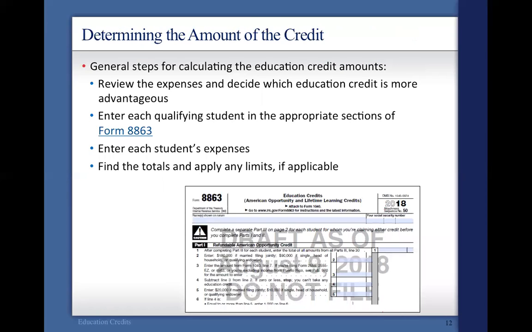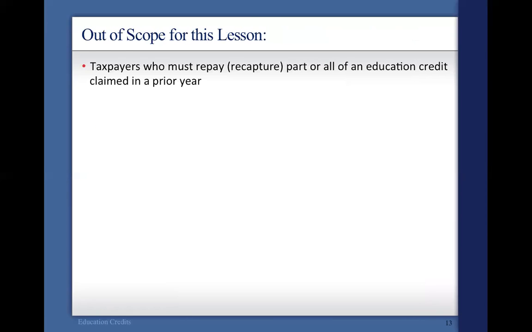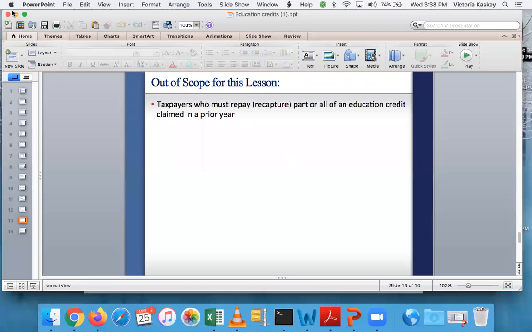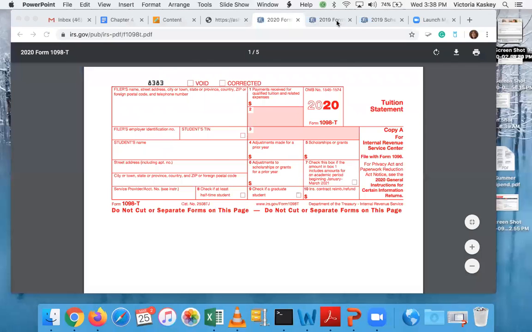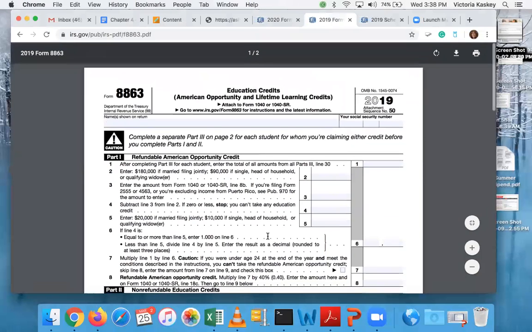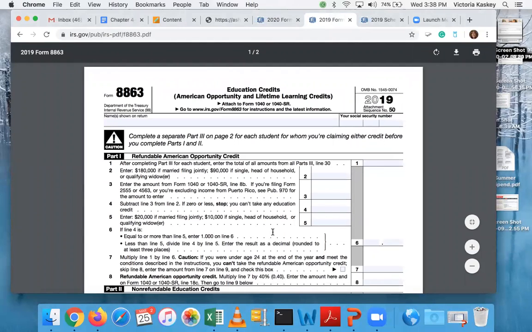Instead, I'm going to jump out and go to Form 8863, which is going to be what your homework is going to be over, and I'm just going to cover that here. It's a pretty long form. It includes both the American Opportunity Credit and the Lifetime Learning Credit, which you can see at the top.